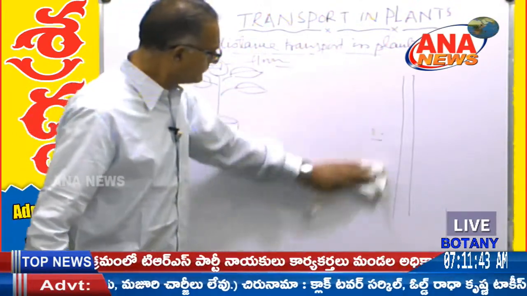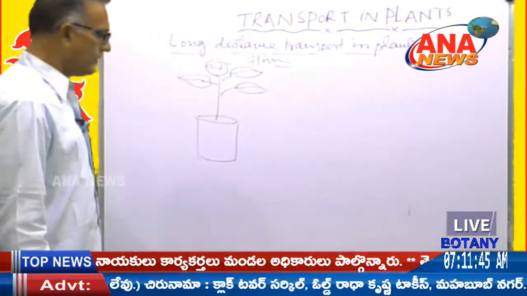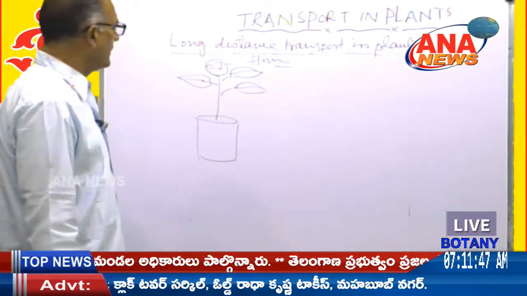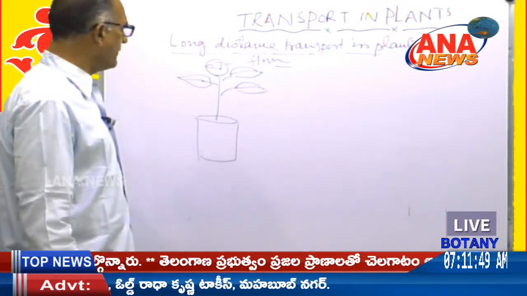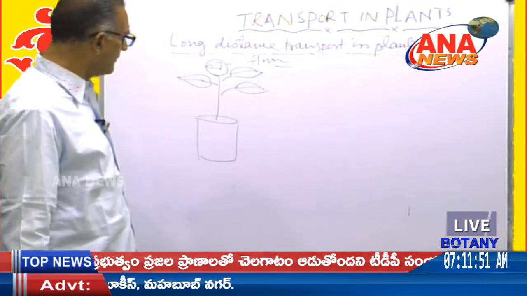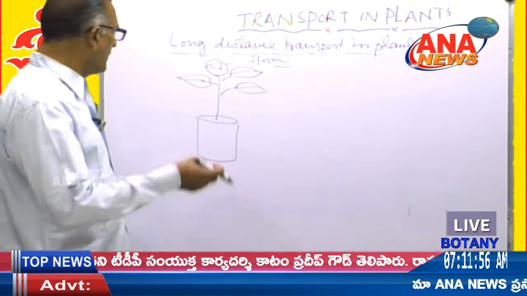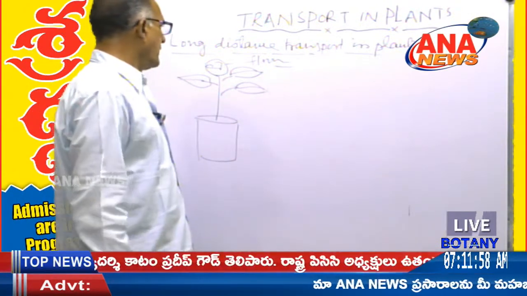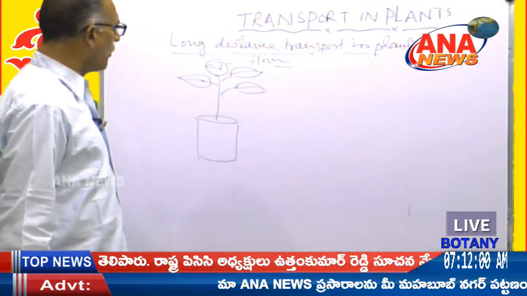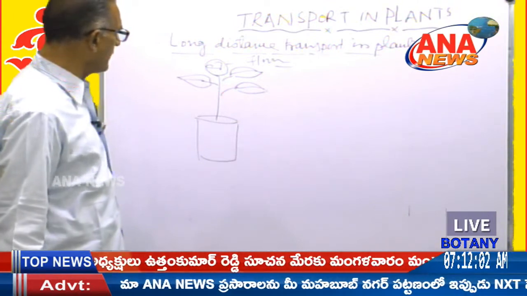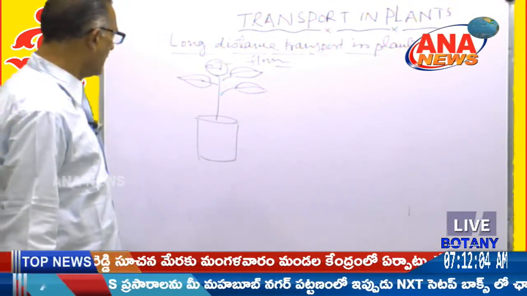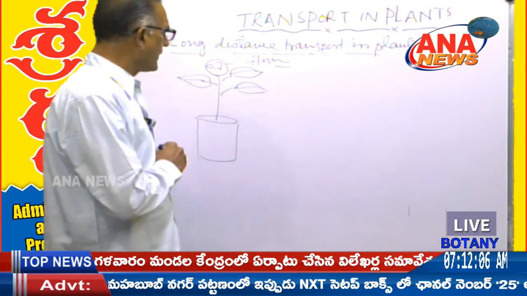So for long distance transfer, generally in complex organisms, the structure of the plants, the substances have to move long distances.